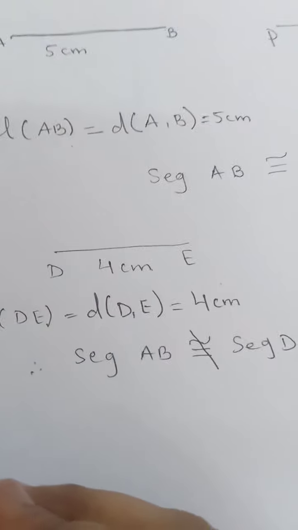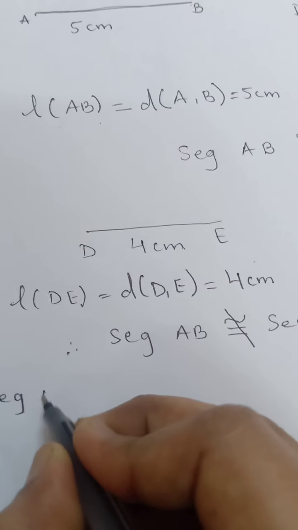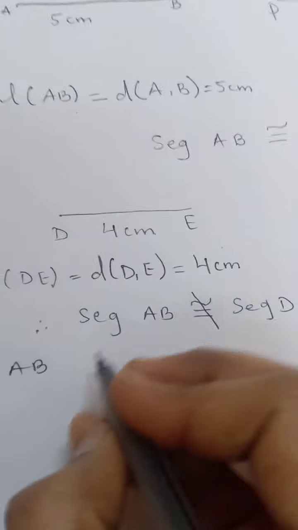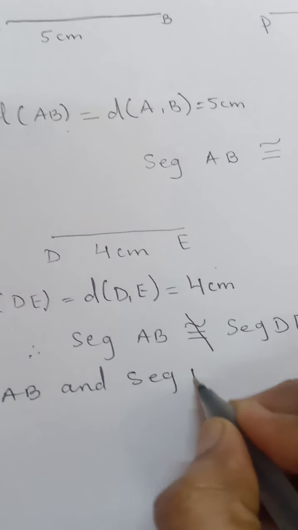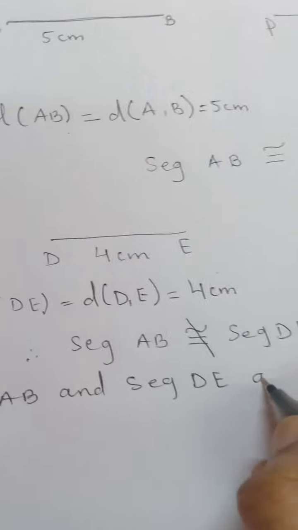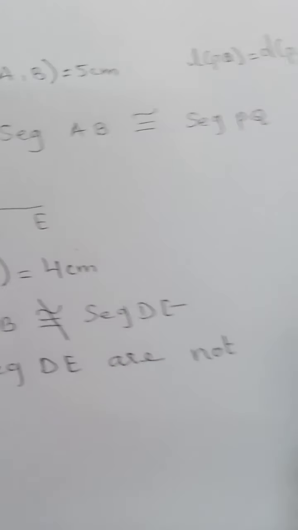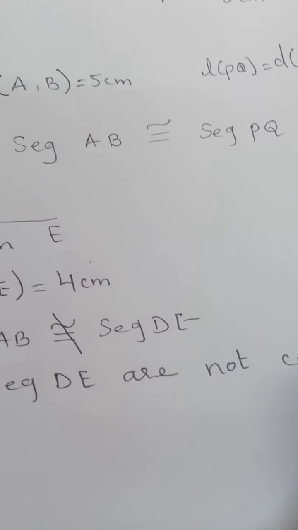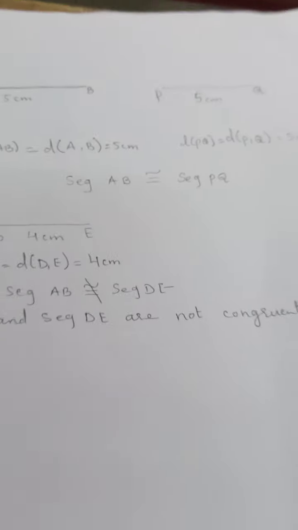Or in other way, you can write in a statement that segment AB and segment DE are not congruent or non-congruent. Both are the same. You can write in this way also.